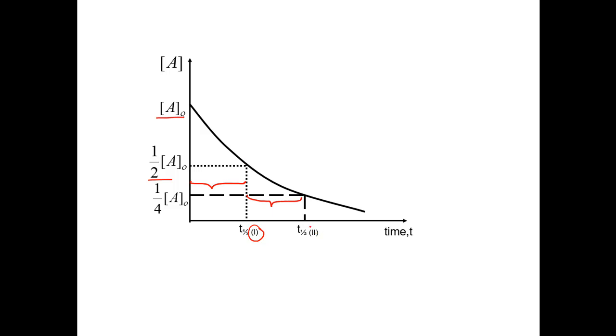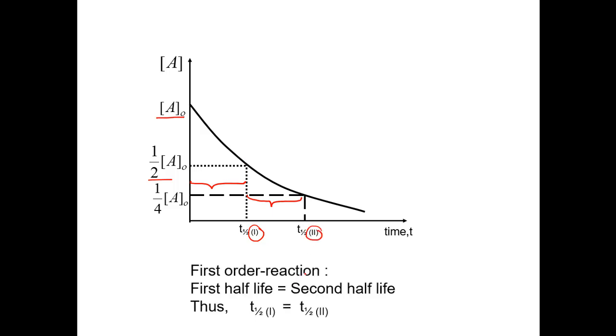This is our second half life. So if you see the time tu is the same, first half life dengan second half life is the same. Okay, so kena ingat kalau first order reaction, bila kita plot concentration against time graph tu, we will get a curve, and then the half life value tu is the same.